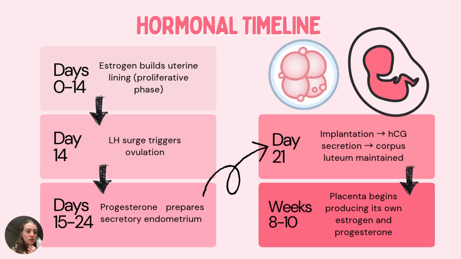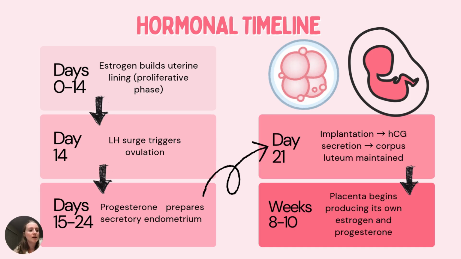During the first 2 weeks, days 0 through 14, estrogen dominates and thickens the uterine lining. This is also known as the proliferative phase. After that, at approximately day 14, the LH surge triggers ovulation and progesterone levels start to rise.